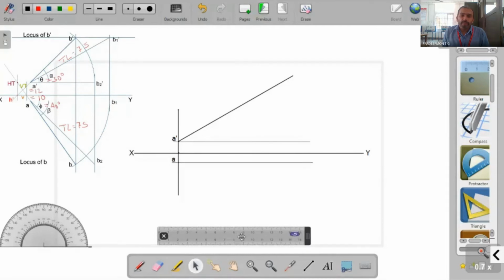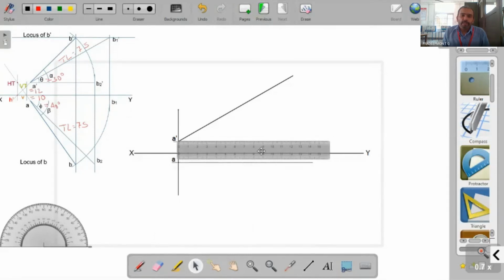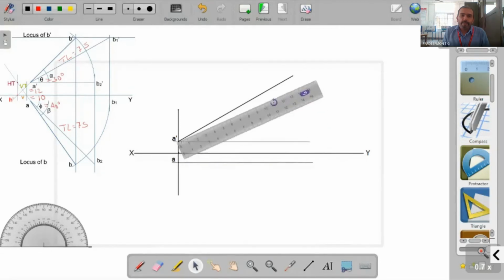Now we mark a distance equal to 75 millimeter. So this is the way we find the point B1 dash.